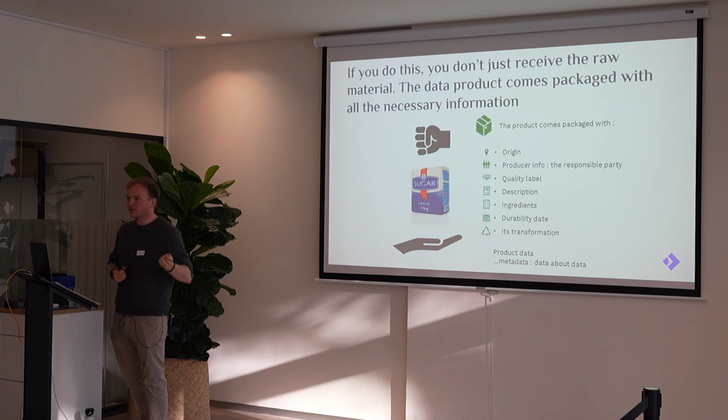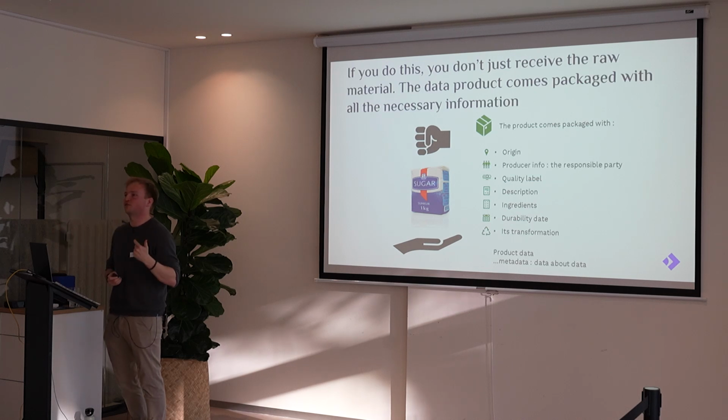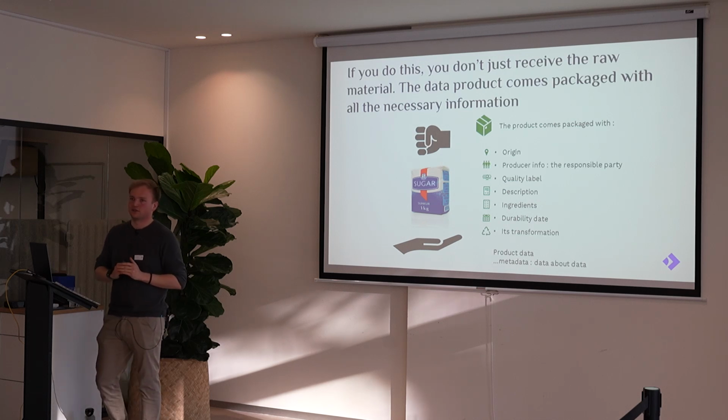Did you know you can make pancakes with sugar? Sugar is great, right? So that's exactly what you can do with data. You can say, this is what it's used for. Those use cases are using this data, and maybe that gives inspiration for other data. So I think it's really essential that we try to move into this kind of model. You can start small, you can start within your own data engineering, not include the software engineers, and I think we can already come a long way with that.